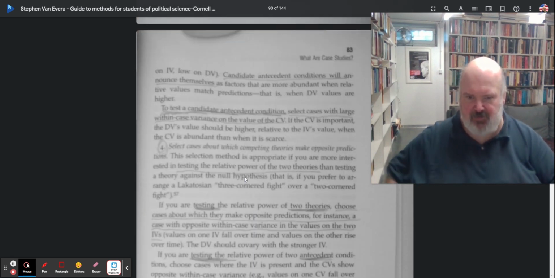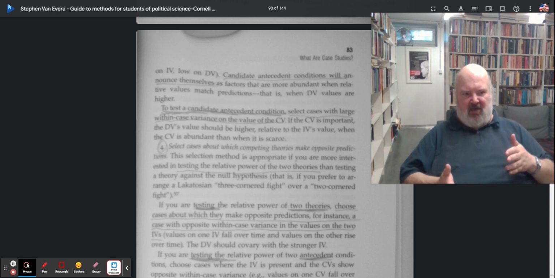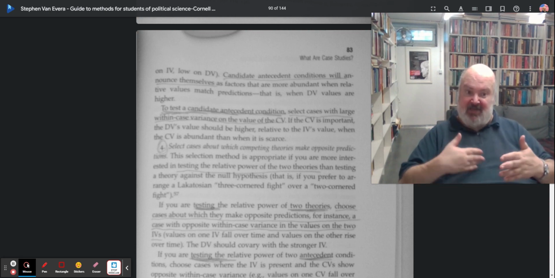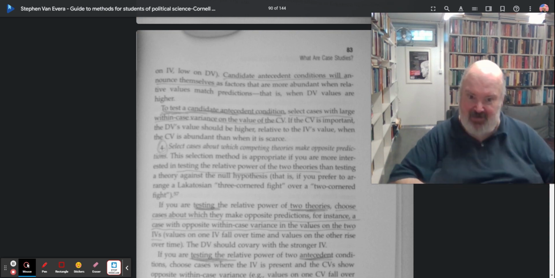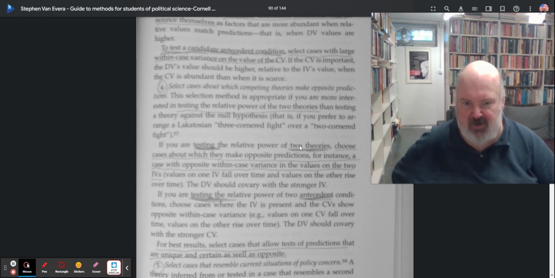This is the difference, the idea of two corners. A two-cornered fight is where we just test a null hypothesis. But if we take a competing theory as well, we see this, right? If you are testing the relative power of two theories, choose cases about which they make opposite predictions.